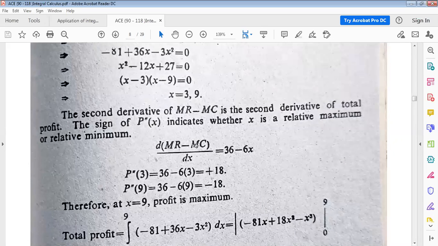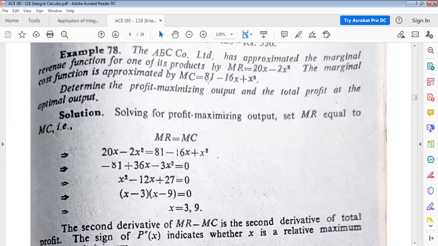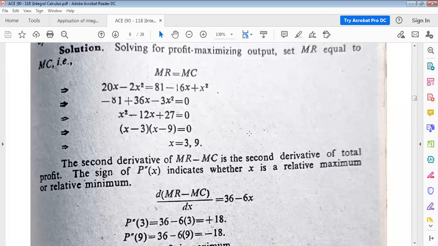So MR minus MC, marginal revenue minus marginal cost, what will it be? Just taking minus, MR minus this will give what? Minus 18 plus 36x minus 3x square, right?